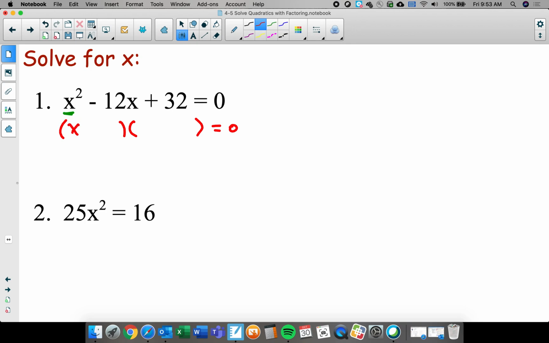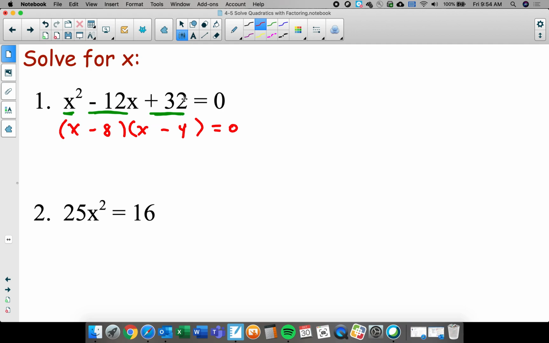So that's x times x. And then, because I have a 1 for the x squared, what I'm looking for is what numbers are factors of 32, what multiplies to give me a positive 32 that would add to give you a negative 12. In this case, we would end up with x minus 8 and x minus 4.